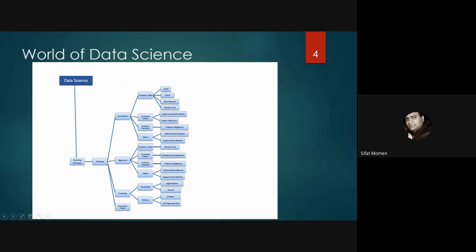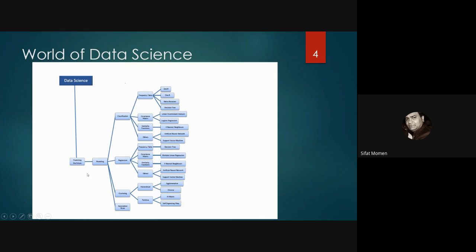Whenever in machine learning we create a model, depending on the kind of problem or the data set we have, it's either a classification problem or a regression problem. Sometimes we also apply unsupervised learning, like clustering, and there is another technique called association rules. We'll talk about that later.